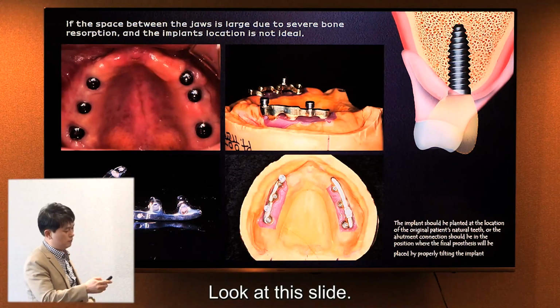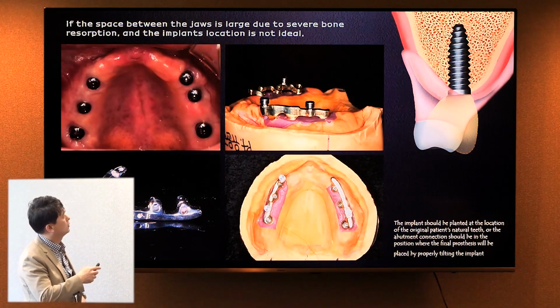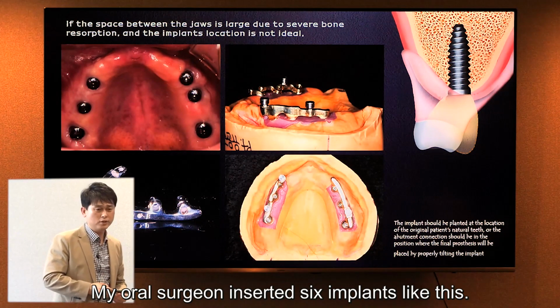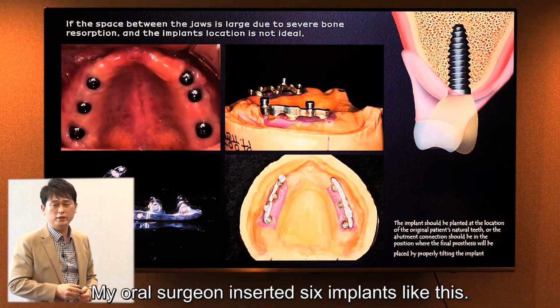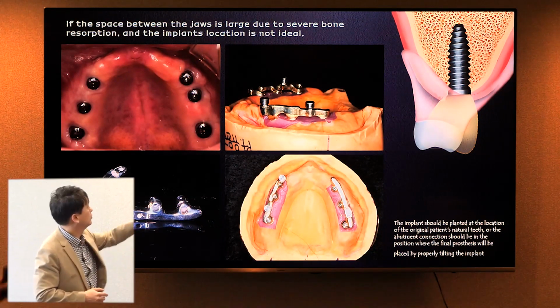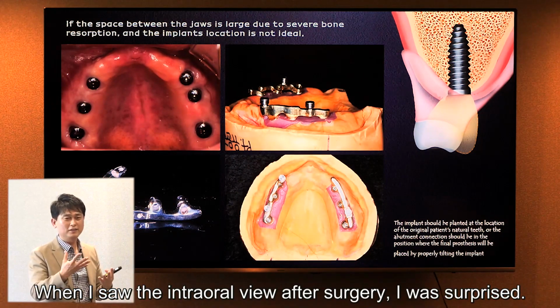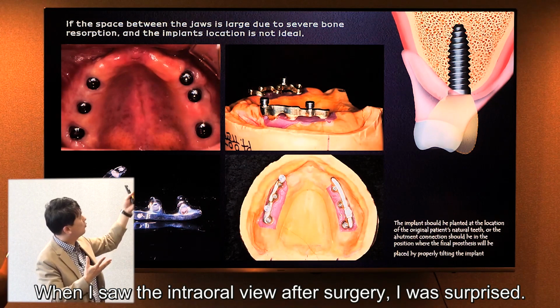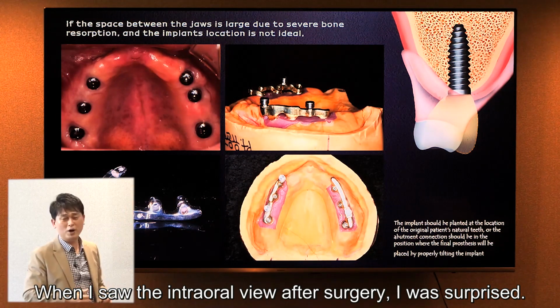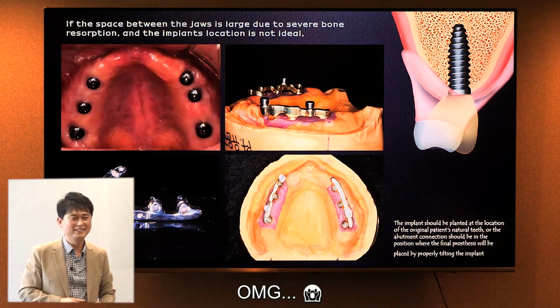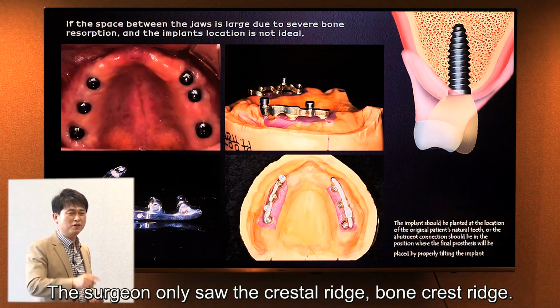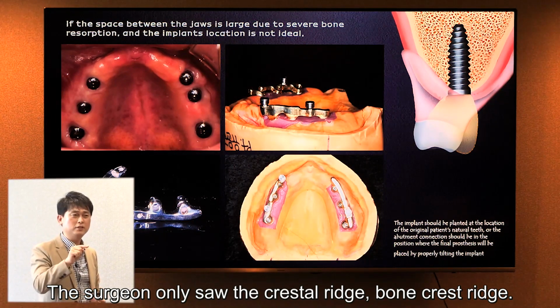Look at this slide. My oral surgeon inserted 6 implants like this. When I saw the intraoral view after surgery, I was surprised. Oh my God! The surgeon showed only cartilage, bone cartilage.